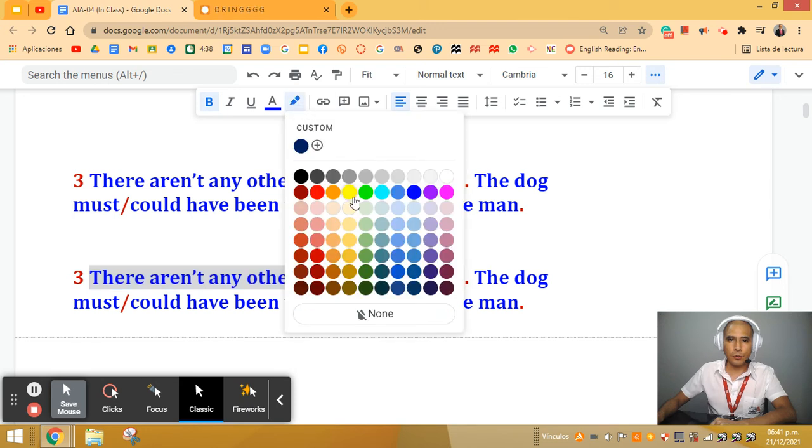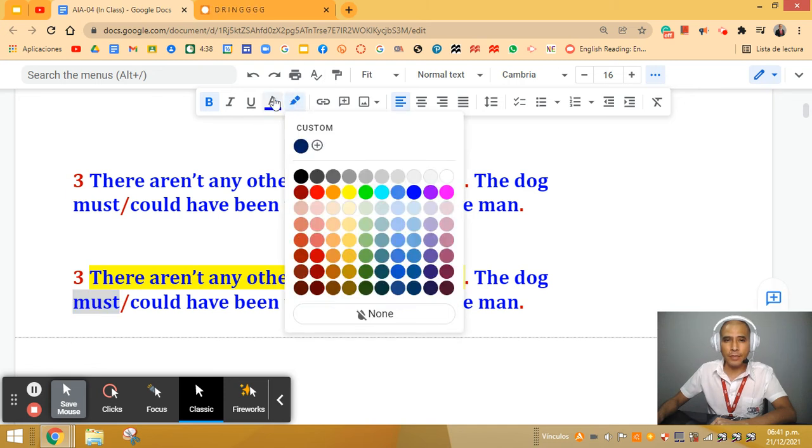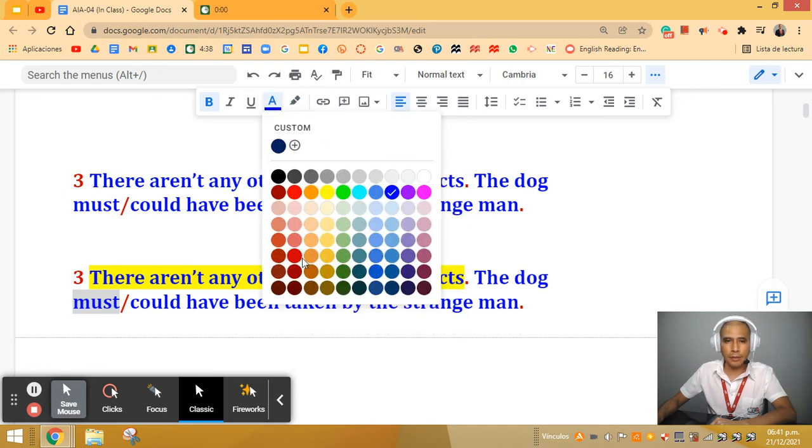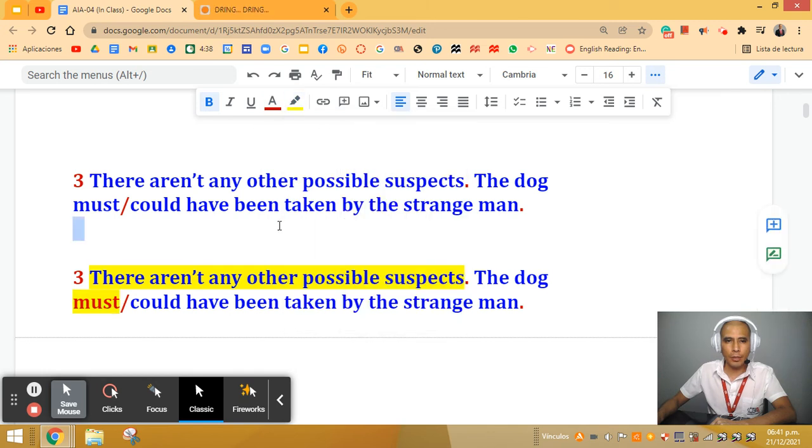So these are the keywords. Since there aren't any other possible suspects, I'm almost sure in this case. So the dog must have been taken. Let me use red color and now I'm going to highlight with yellow. The dog must have been taken by the strange man. I'm almost sure because there aren't any other possible suspects.